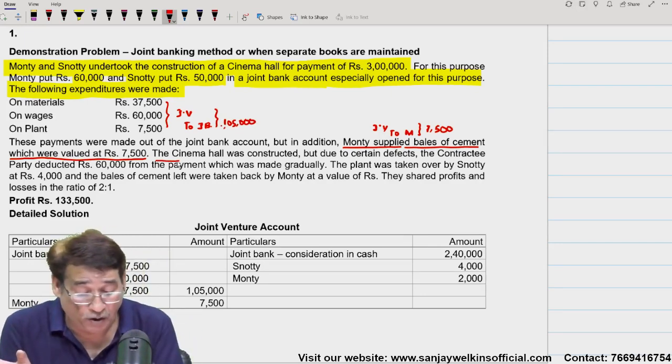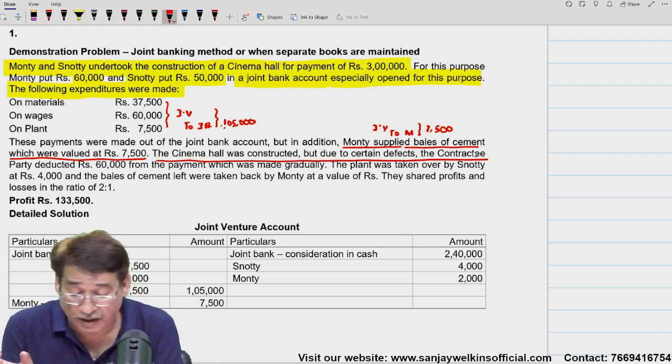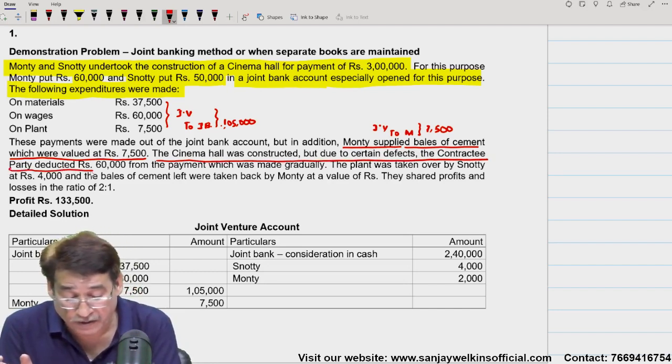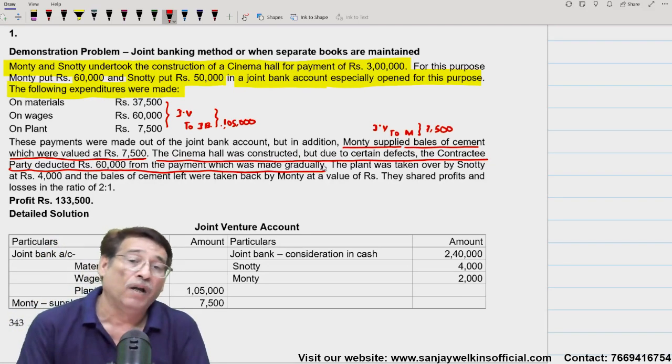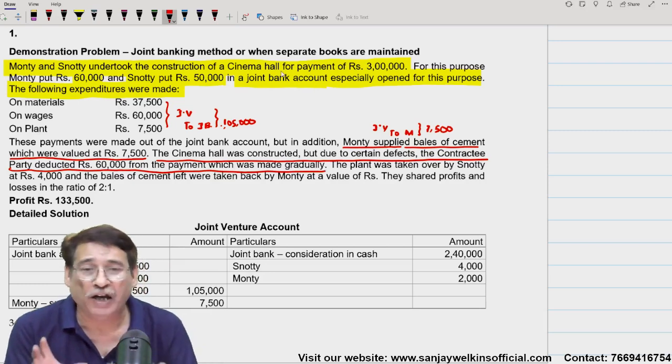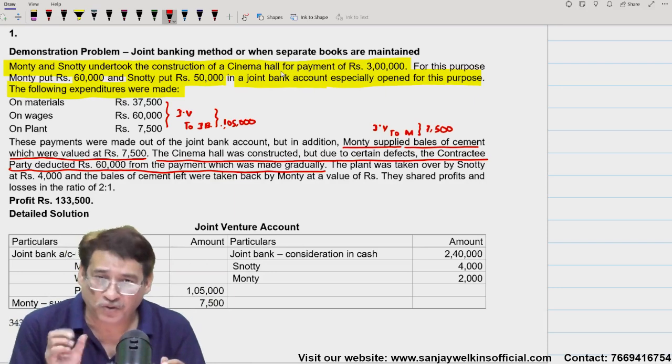The cinema hall was constructed, but due to certain defects, the contracting party deducted rupees 60,000 from the payment which was made gradually. As per our initial agreement, the contracting company was supposed to pay us rupees 3 lakh.